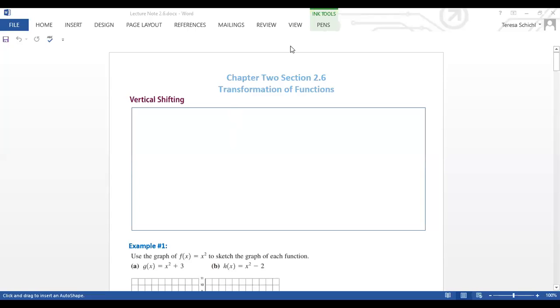The first thing we're going to talk about is the vertical shift. That means your graph is moving up and down.